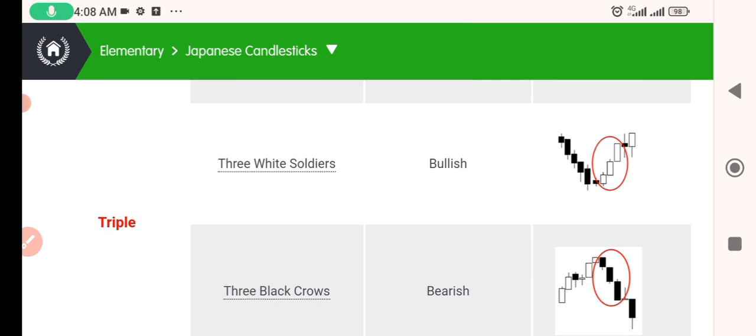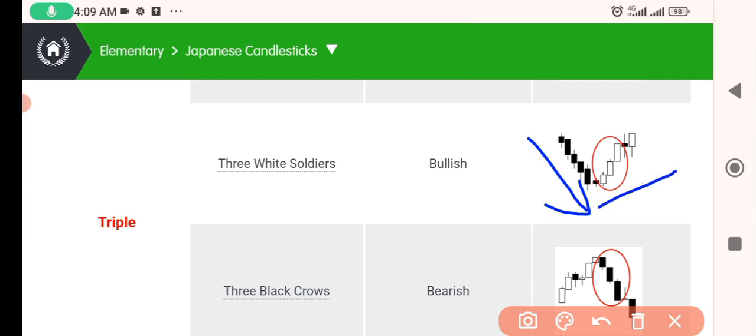Then we have our three white soldiers. What does it mean? The market has been going bearish, and then all of a sudden you find three bullish candles following each other consecutively, showing you the presence of buyers in the market, and it must happen at a zone.